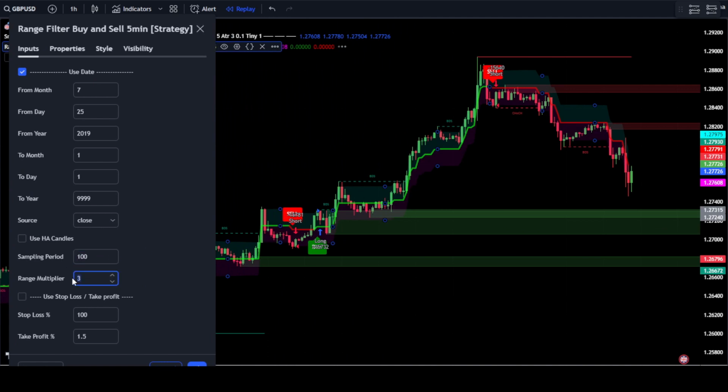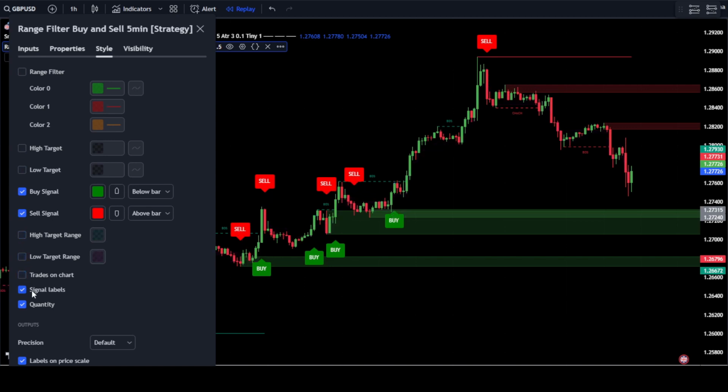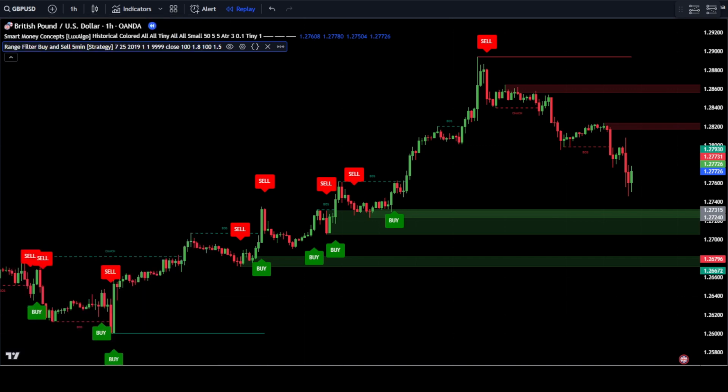Then, change the range multiplier to 1.8. Next, go to the Style tab. In the Style tab, uncheck all options except for the Buy Signal and Sell Signal. Once done, click OK to confirm the changes.